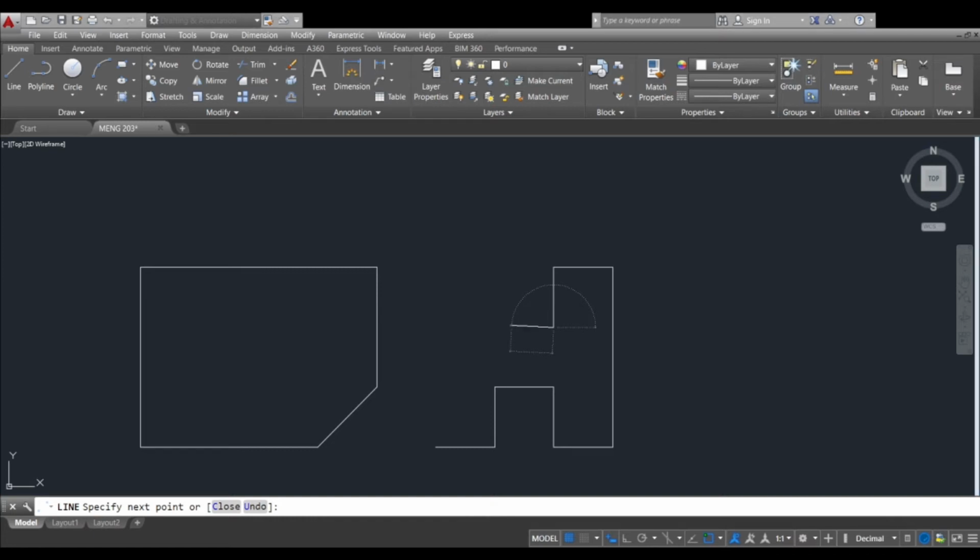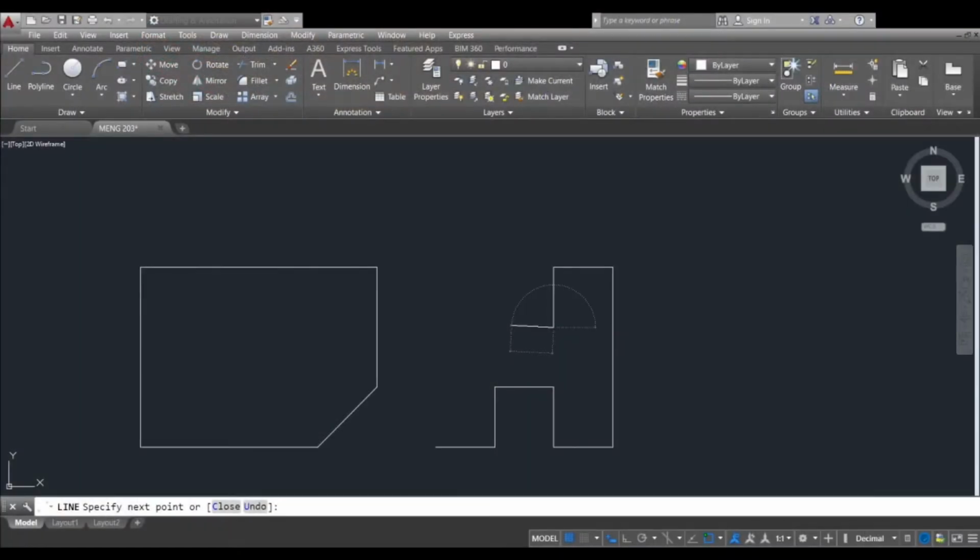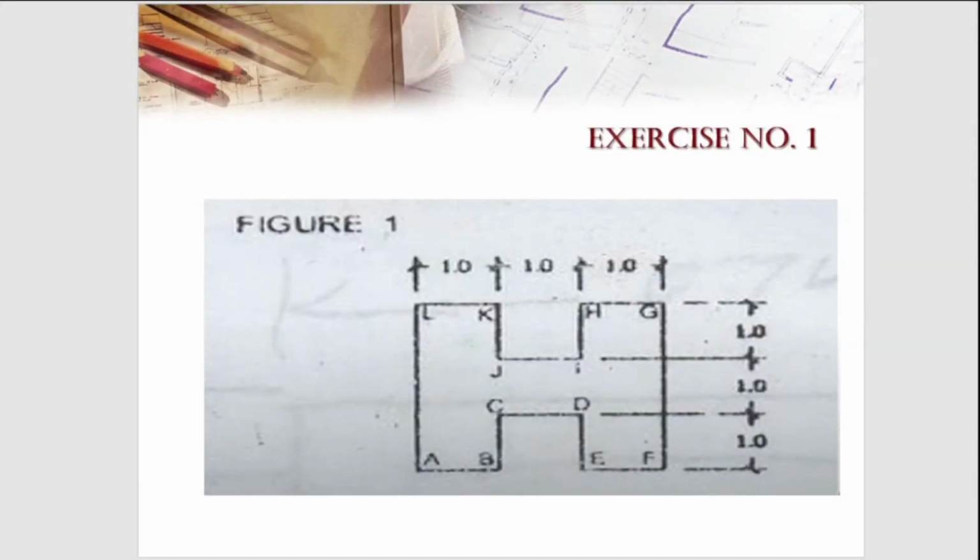Okay, so next point is point J. From I to J, we moved 1 unit to the left and our angle is 180 degrees. At 1 angle 180. Okay, going to point K. We moved 1 unit upward, so that is 1 and our angle is 90.